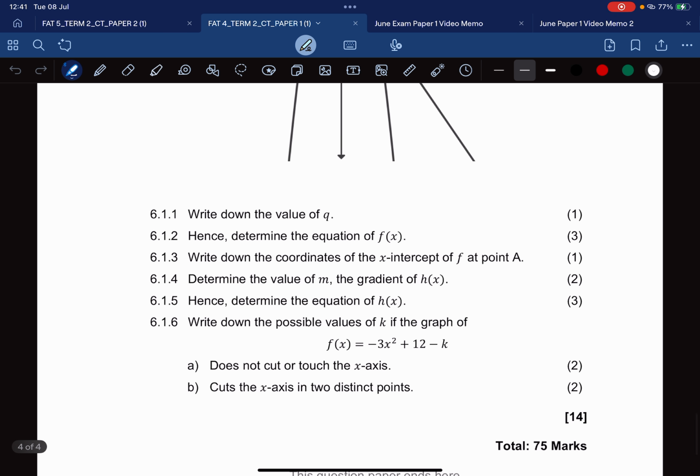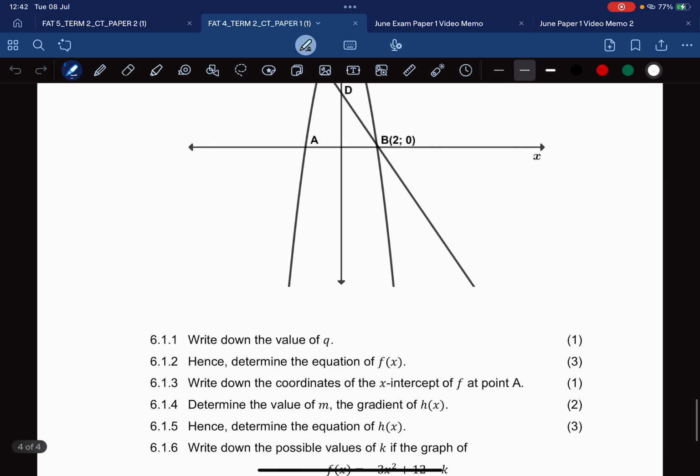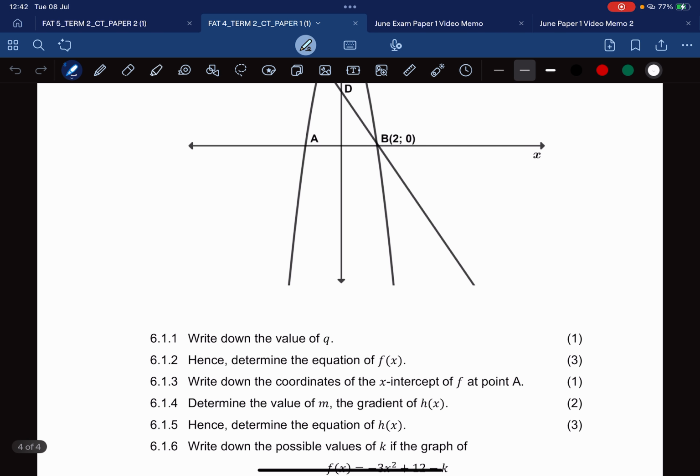Next question. Hence determine the equation of f of x. Hence meaning, from what you have gotten so far from the previous questions. In this case it's just the one question: hence determine the equation of f of x.